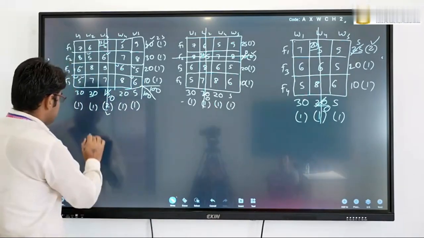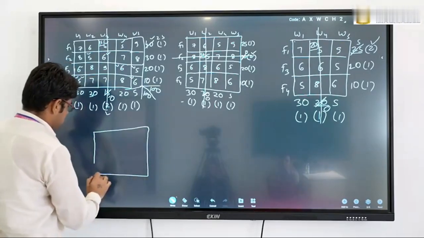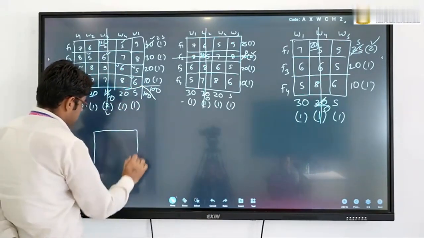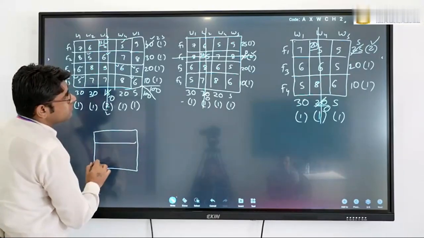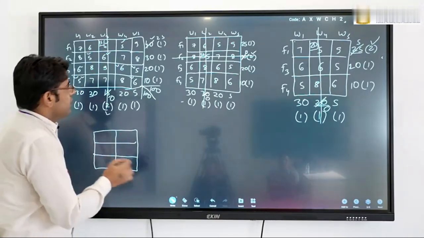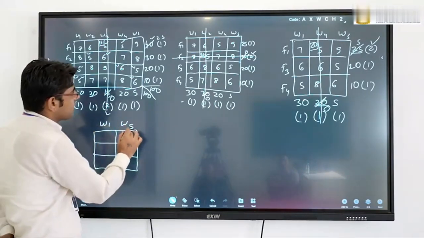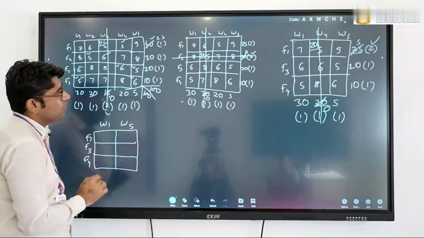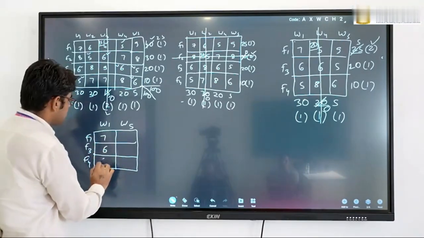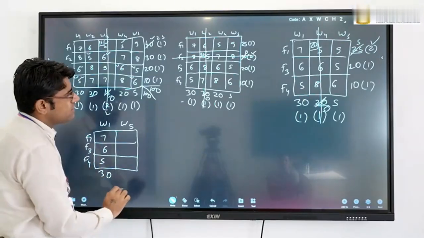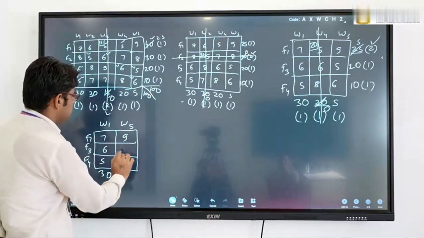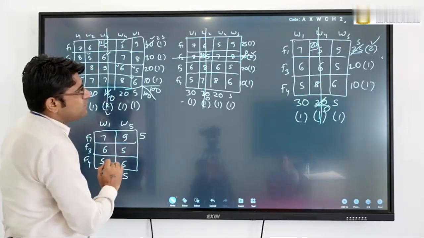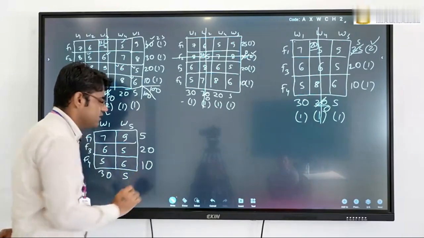So here remaining W1, W5, F1, F3, F4, 7, 6, 5, 30 and here 9, 5, 6, 5 and supply is 5, 20, 10.